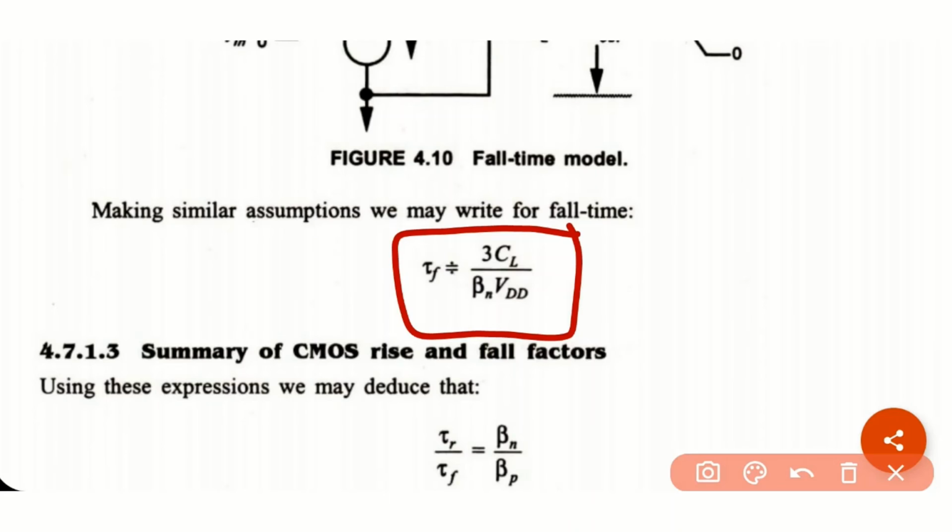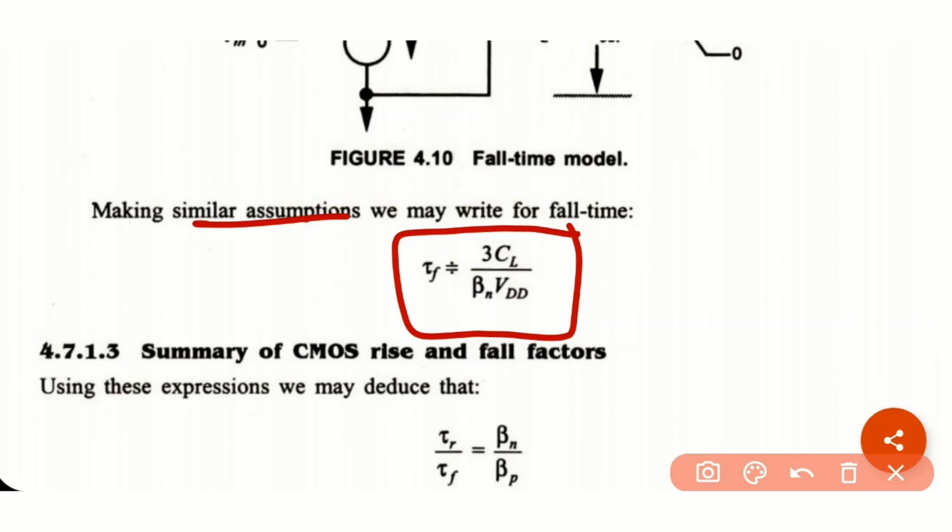In the same way we have to do the calculation, making the same assumptions. Same assumptions means we make small t equal to tau, V out equal to VDD, VGS equal to VDD, and VTP equal to 0.2 VDD.